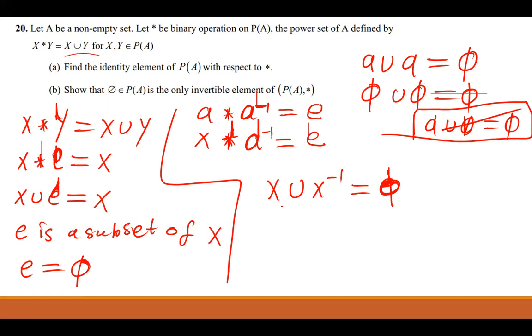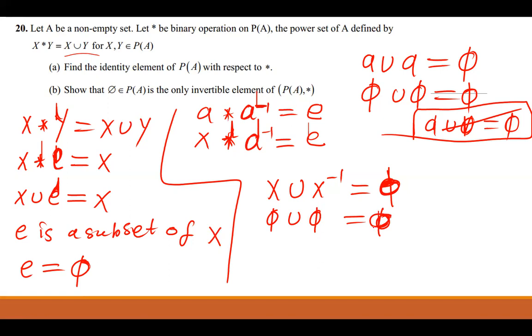So for this condition to be possible, it means that both sets X and X inverse are empty sets. So this is the same as saying X inverse is an empty set, and X is also an empty set, for us to get this empty set as the answer.